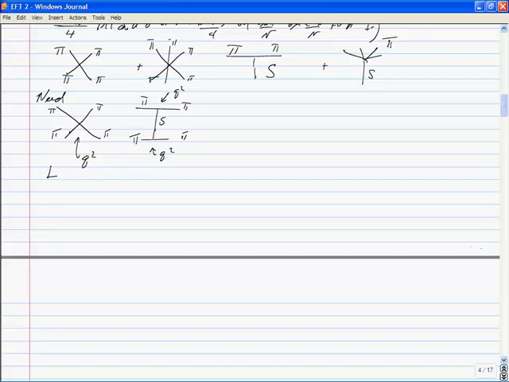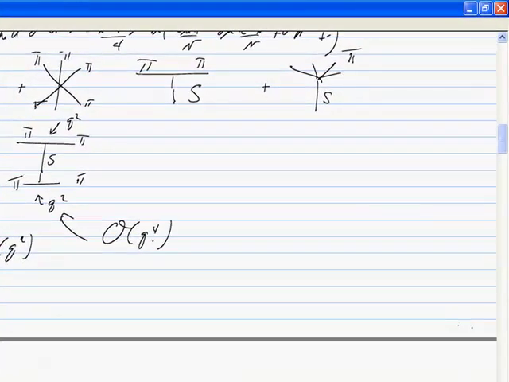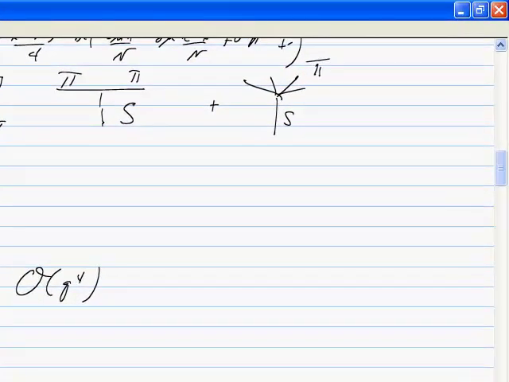So this is the only one at order q squared. This guy comes in at order q to the 4th. Okay, so those are the 2 that we're interested in.